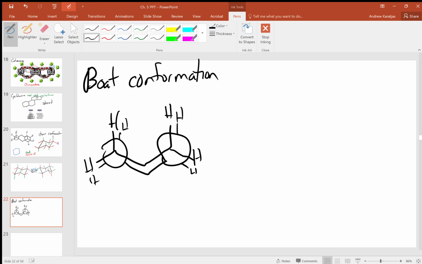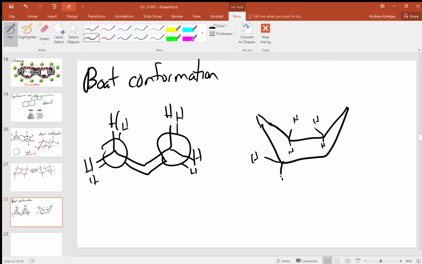We can also draw it like this. And we maybe start to see that it looks a little bit more like a boat if we do that. So the boat conformation is a lot less stable due to two major problems.